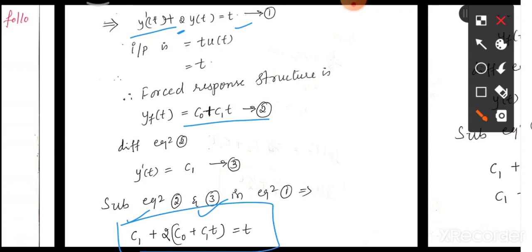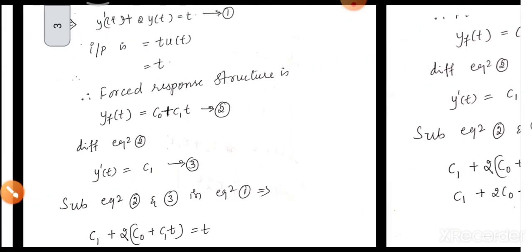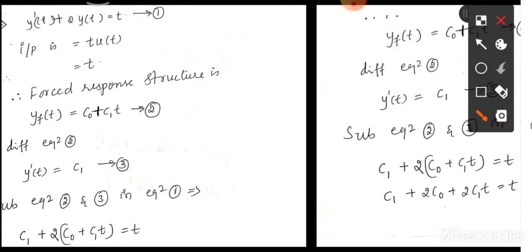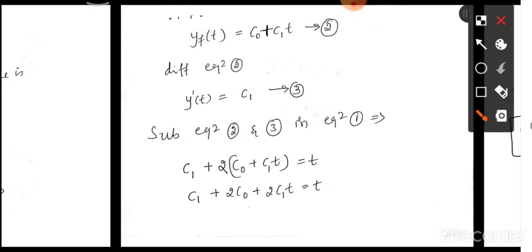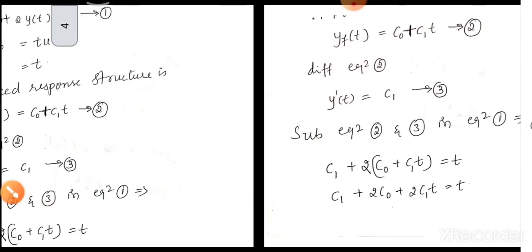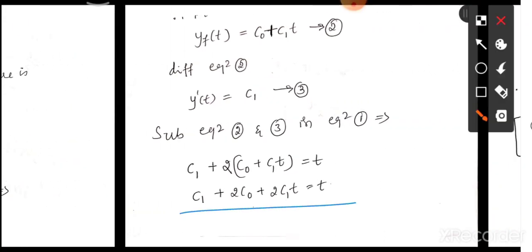So this equation we just expand and write it neatly: c1 plus 2 c naught plus 2 c1 t equal to t.